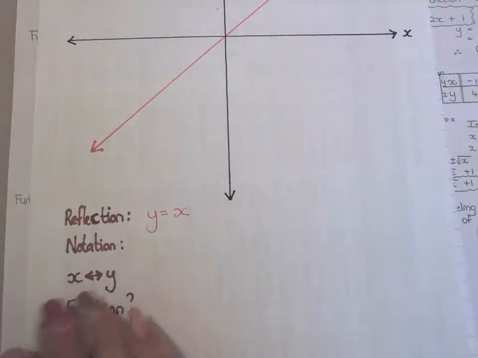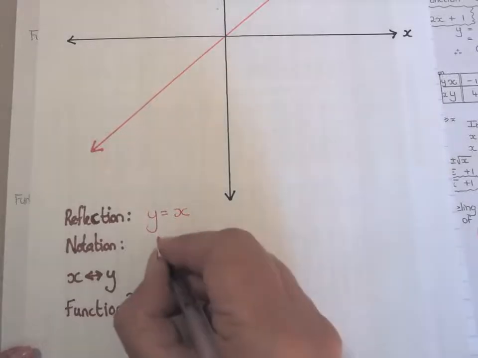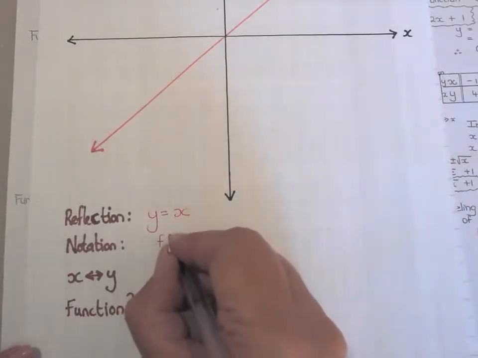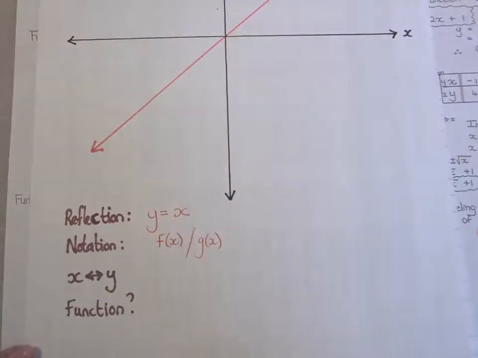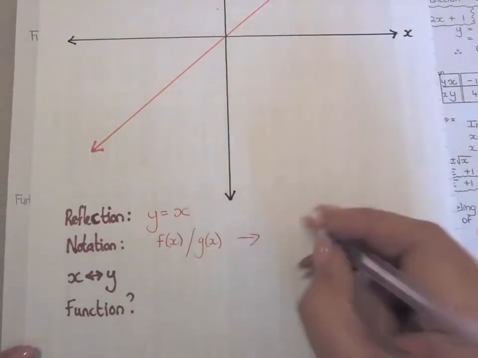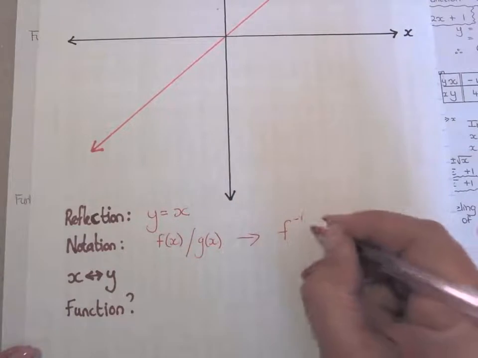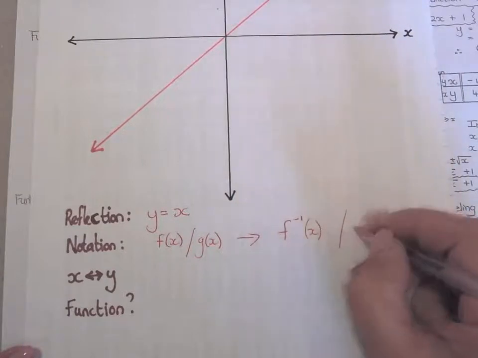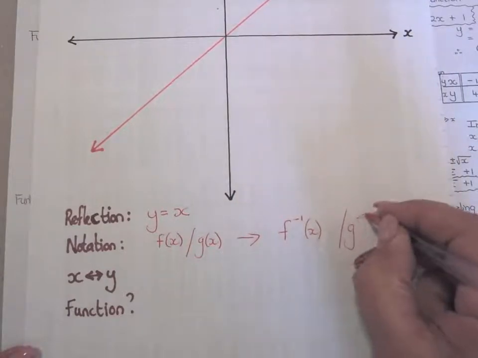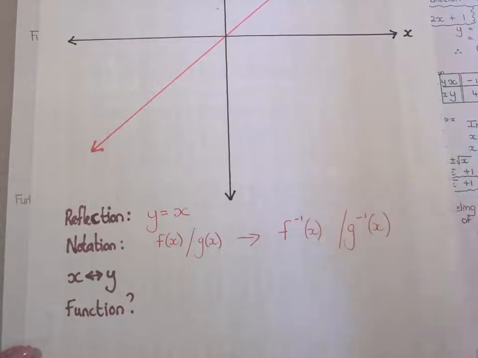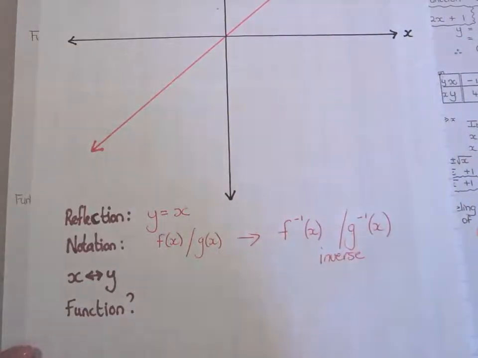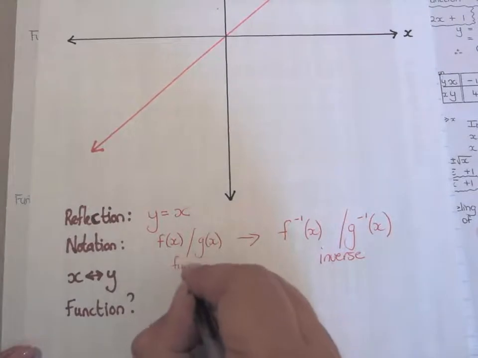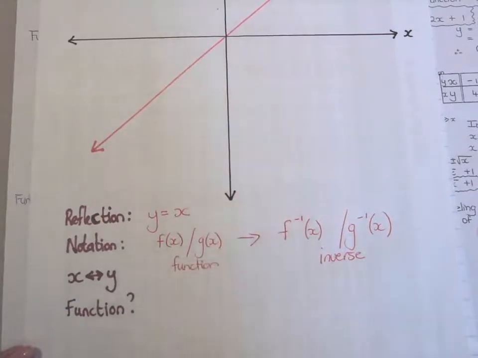There's also a specific notation when you work with inverses. The normal function has f(x) or g(x) or whatever, and the inverse has f to the power of minus 1 of x or g to the power of minus 1 of x. So these are the inverse notations and these are the function notations.